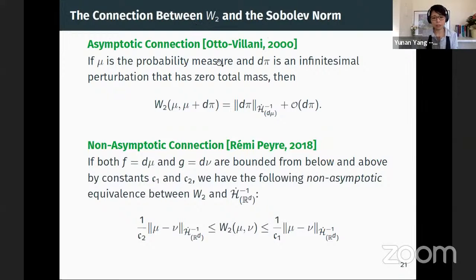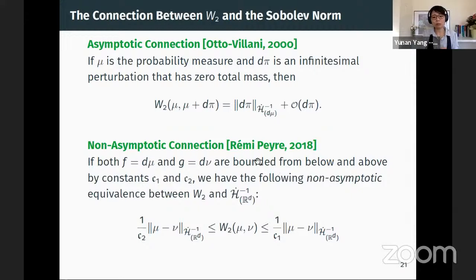In 2000, the paper from Otto and Villani proved that if we compare two probability distributions that are very close to each other, with the difference infinitesimally small, then the quadratic Wasserstein distance between these two close distributions will be asymptotically the weighted h-1 norm of the difference. The weighting really means that the integration is not with respect to the Lebesgue measure, it's with respect to the mu that we are comparing with.